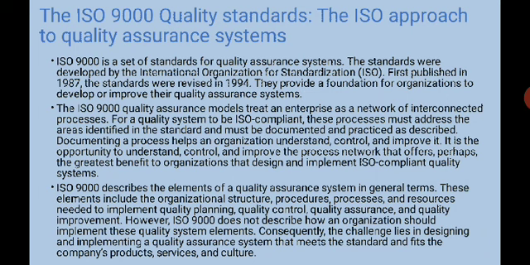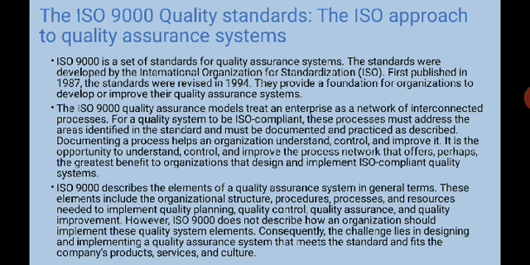Documenting a process helps an organization understand, control, and improve it. So when you document it, you will better understand it, control, and improve the process, right? Perhaps the greatest benefit to organizations that design and implement an ISO compliant quality system. ISO 9000 describes the elements of a quality assurance system in general terms.